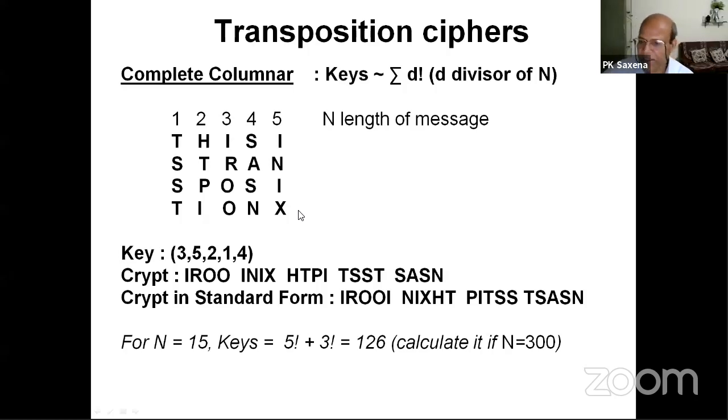So permutations were used in different forms in World War I and World War II. As I was telling, these electro-mechanical machines all had the concept of rotors, and rotors were nothing but permutations, being rotated at different rotations to bring in variability in the substitution.